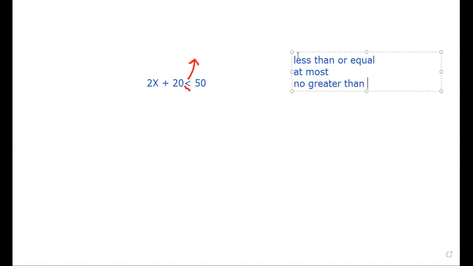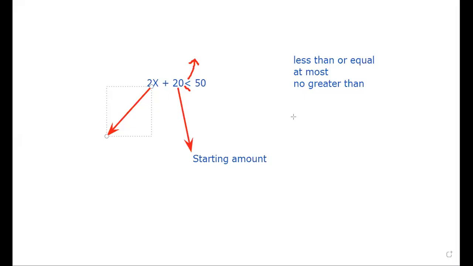Then again, we start from the sign in this inequality. What is x? The x is the amount that we need to find, the variable we are looking for. And the 2 is the number of times we multiply the x.